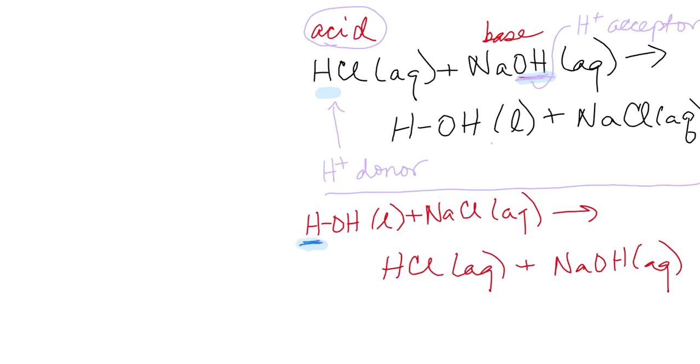Therefore, in this scenario, my water is acting as an acid. My sodium chloride, the chloride accepted the hydrogen. So according to Bronsted-Lowry, my chloride is the base. Now the reaction is exactly the same thing. So remember, when we're looking at what is the acid and what is the base, while we're comparing reactants and products, our definitions will apply to the reactant, okay?